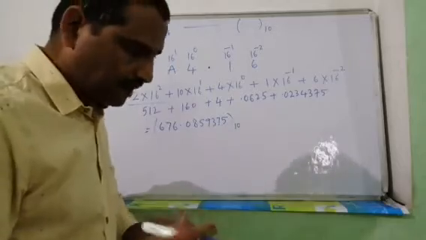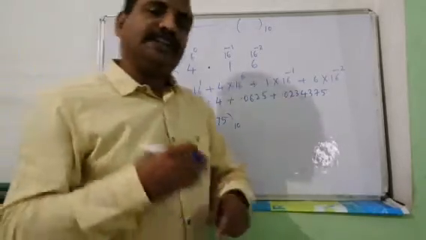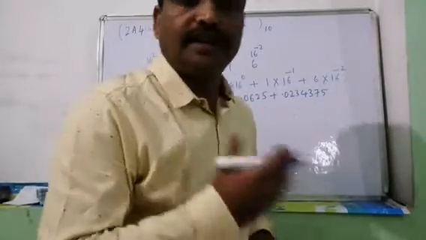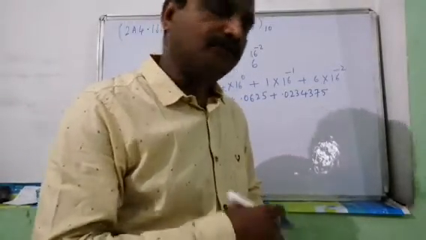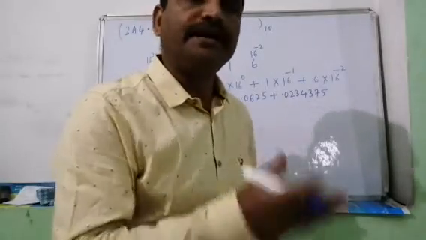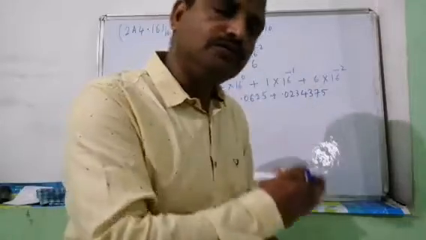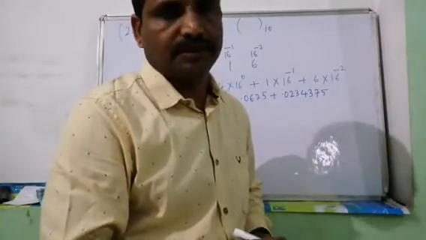So we have done decimal to binary, decimal to octal, decimal to hexadecimal, and also we have completed binary to decimal, octal to decimal, and hexadecimal to a decimal number system.